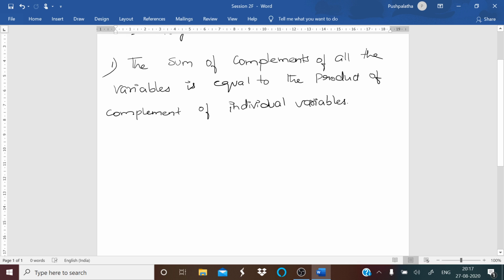If you are going to give it in the form of an expression, it is x plus y the whole bar equals x bar into y bar.